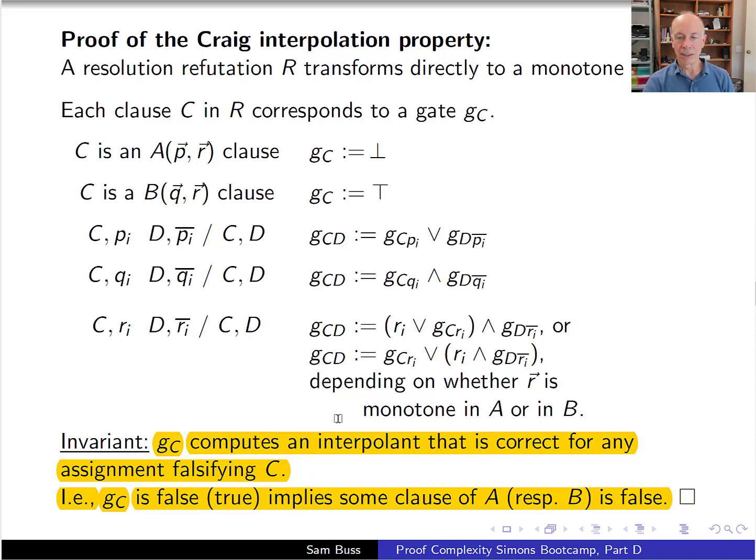And the point is that if R is monotone in A, appearing only positively in A, or monotone in B by appearing only negatively in B, we can choose one of these or the other and still maintain the interpolation property. So I'll let you work that out on your own. I'm not going to try to go through all the details here, but the important point is that the monotone circuit defining a Craig interpolant is just read directly off of the resolution refutation.